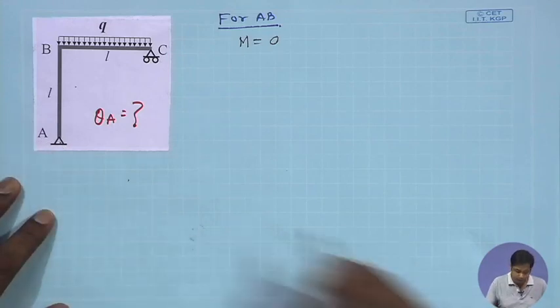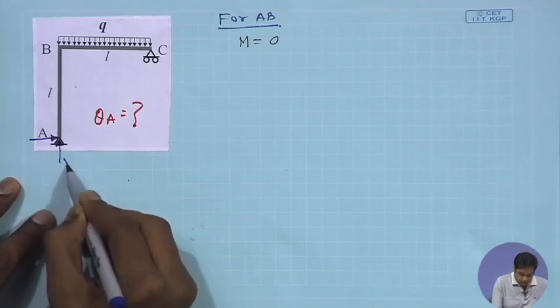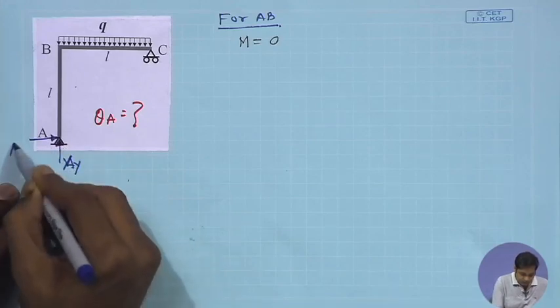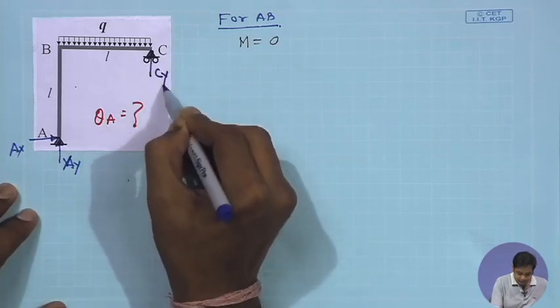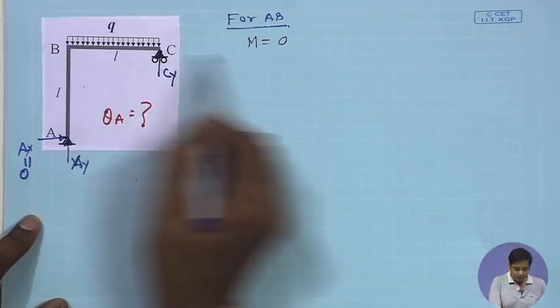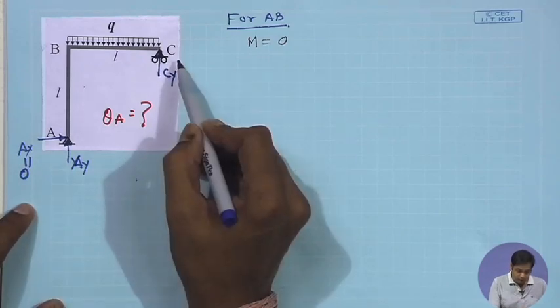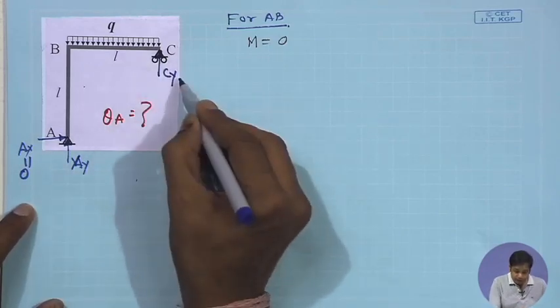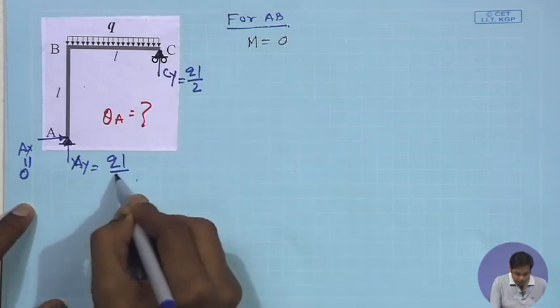Let us draw that. If this is AY and this is AX and this is CY, AX will be 0 because there is no other horizontal load here, there is no horizontal constraint also. Now, CY will be QL by 2 and AY will be QL by 2.